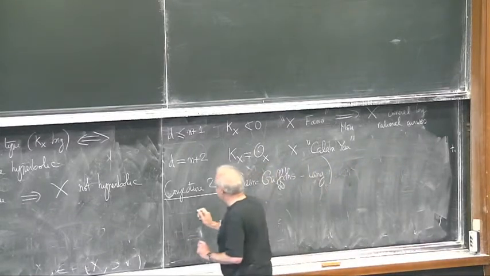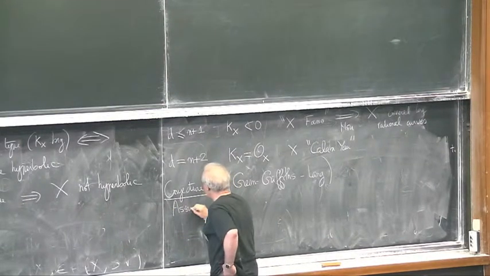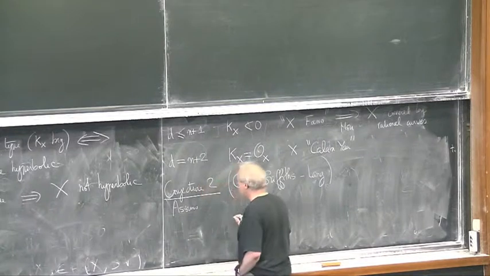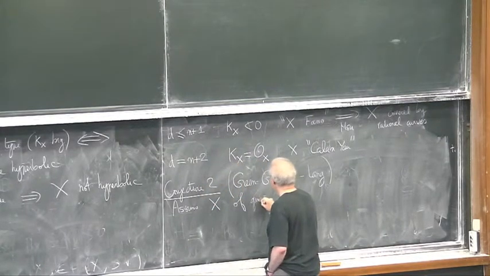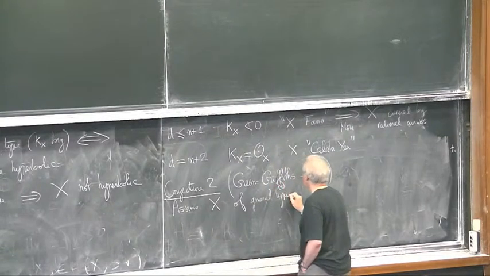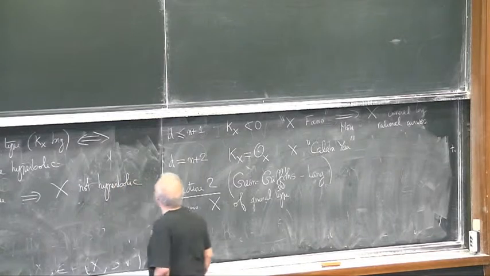Okay, so assume that X is of general type. Okay, so K_X is big.